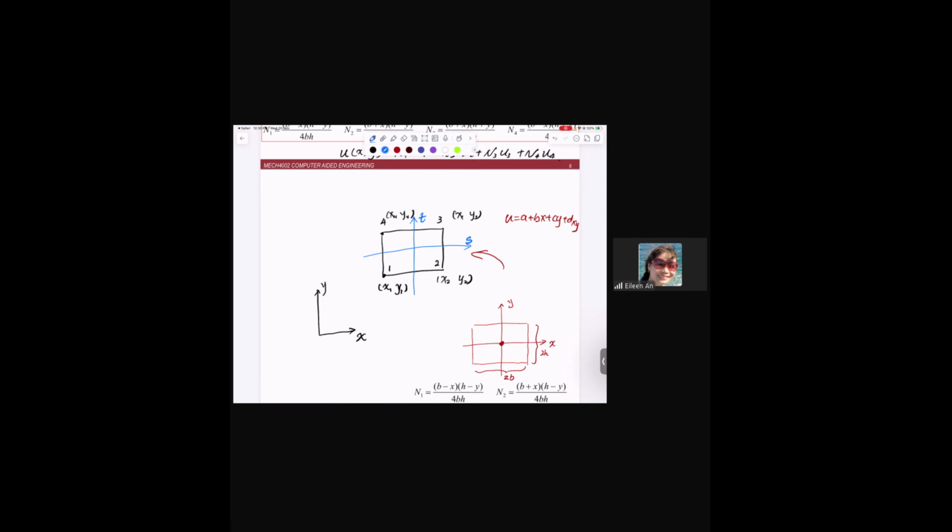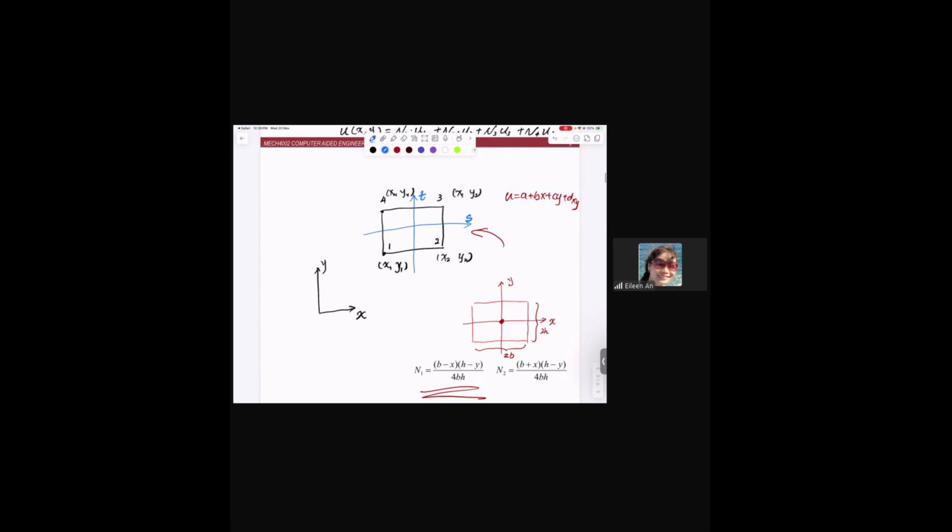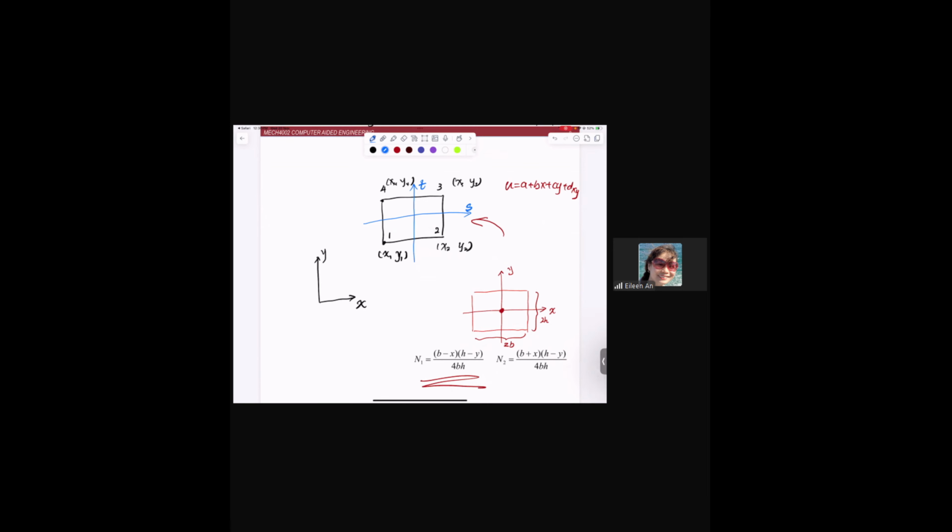Can I? Right? Definitely I can. And now this element is moved like this, right? Now, may I ask, for this black element here, what is the width and what is the height of this element?